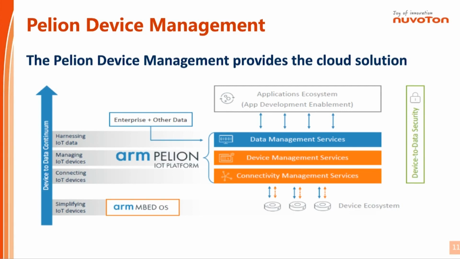Device management enables secure and reliable onboarding, connection, updates, and lifecycle management of different types of connected devices. Data management makes the trusted data from IoT devices and relevant enterprise data accessible for predictive insights that drive dynamic optimization and new revenue opportunities.